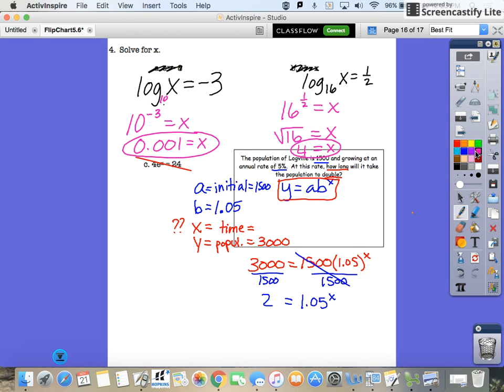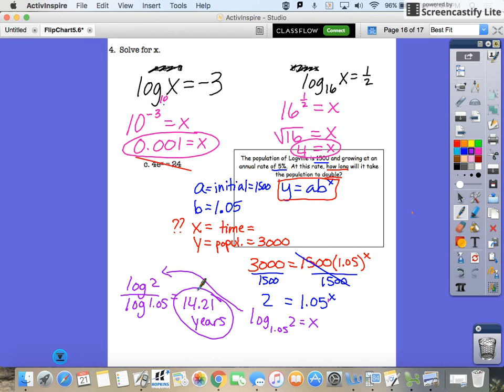We know how to deal with this now because we have a mystery exponent. We can use logs. So we rewrite as log base 1.05 of 2 equals x. And in our calculator, what we're going to type is log 2 divided by log 1.05, which equals 14.21. So it would be about 14 years, a little over 14 years for the population to double.